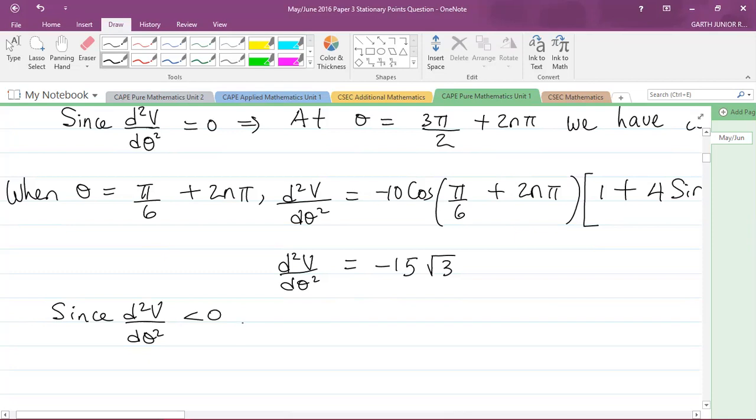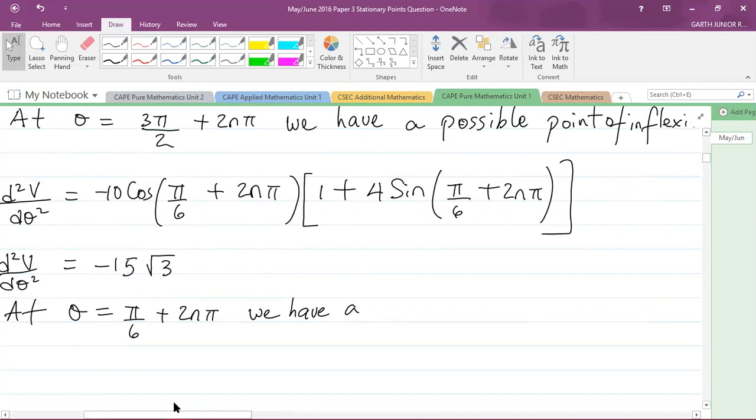It implies at theta equals pi over 6 plus 2n pi, we have a what? Is it a maximum or is it a minimum? It is going to be a maximum point. We're going to have a maximum point.